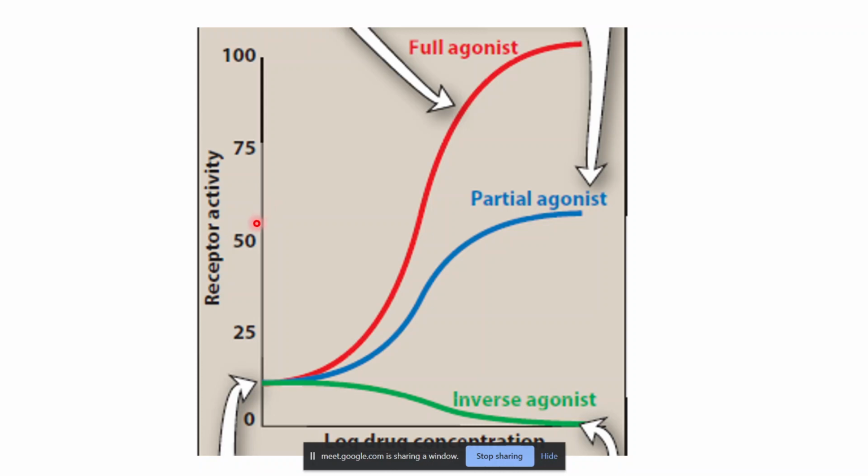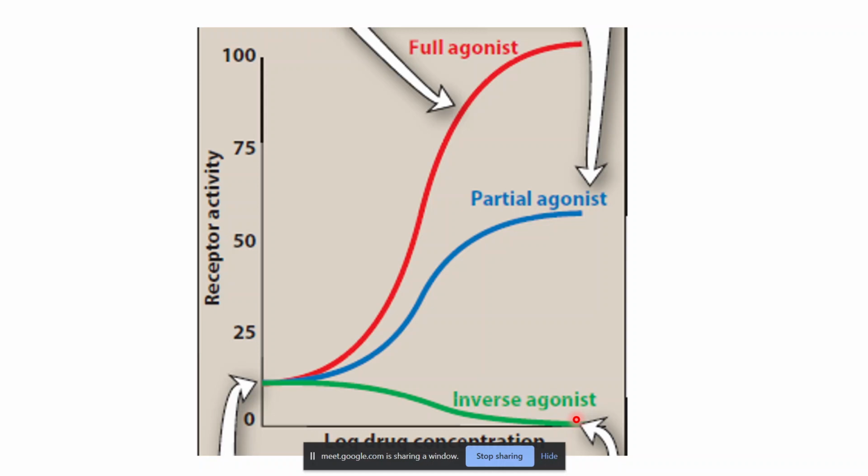And the last one is inverse agonists. Unbound receptors are inactive and require interaction with an agonist to assume an active conformation.